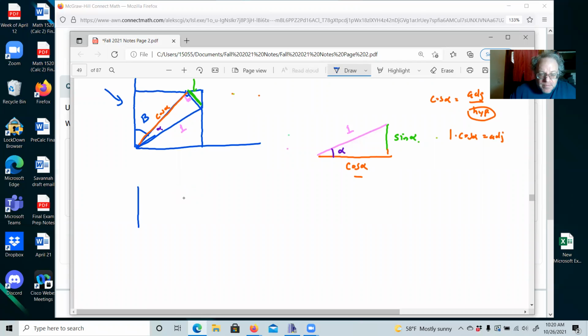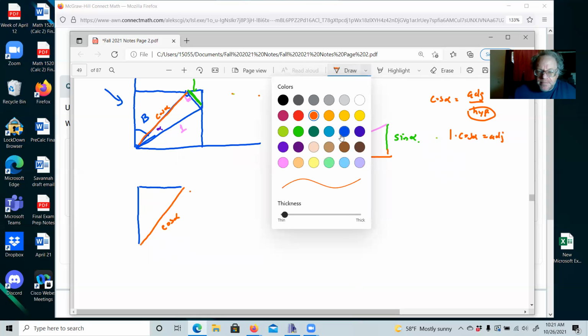So here we have, let's change that one because that was an orange. The hypotenuse here, that was me in orange, was cosine alpha, and here's my beta.